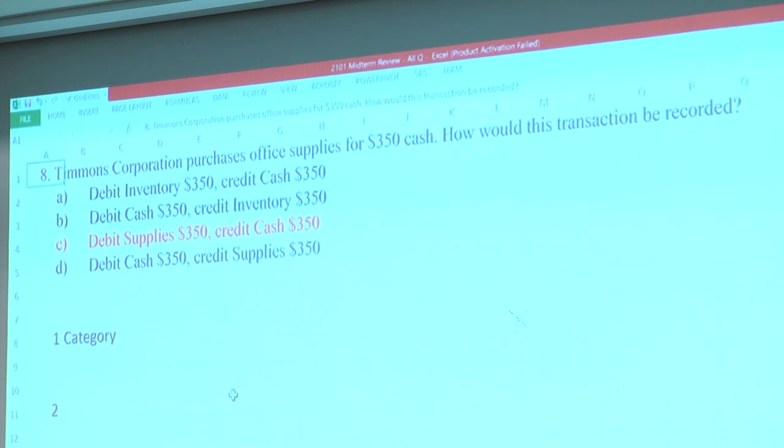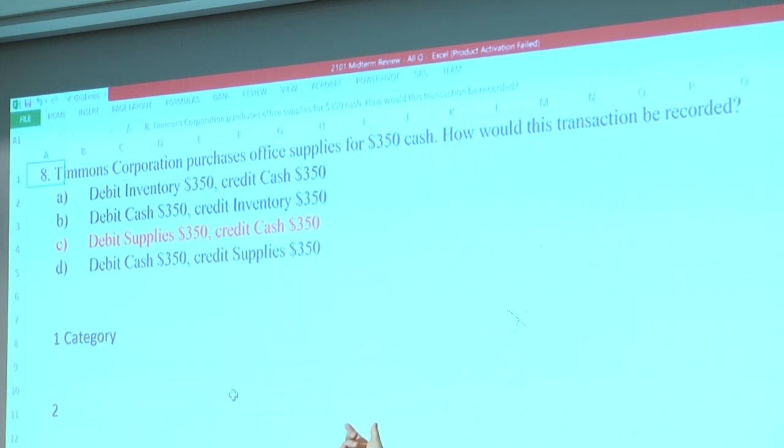Because it's a multiple choice question, we basically know the account names from the choices. One must be inventory or supplies, and cash. Cash shows up in all four choices, so it must be correct. The other side is either inventory or supplies.